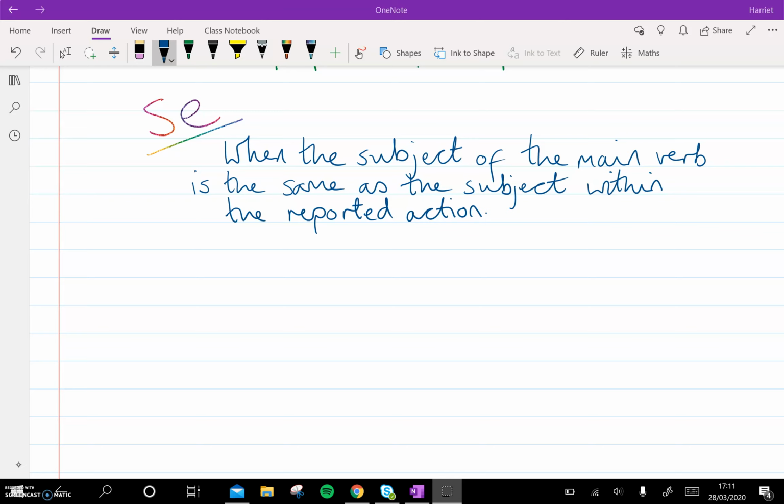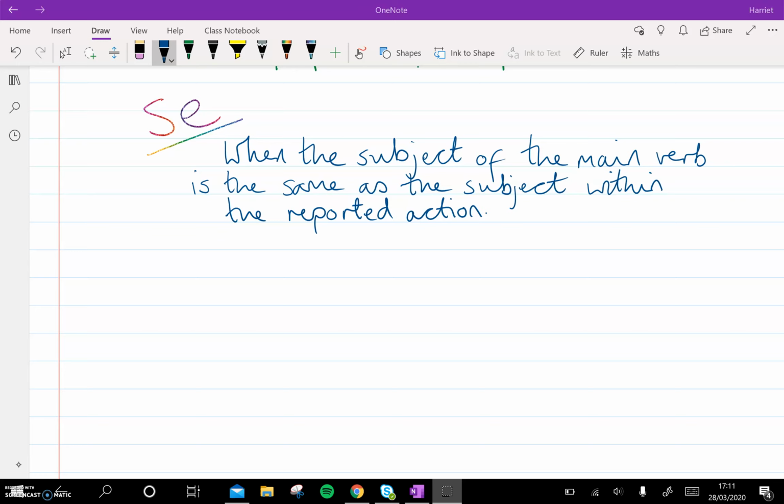So if you're saying the general announced that he had won the war, the subject of the main verb is the general, and the winning of the war has also been done by him. In this situation we use se.